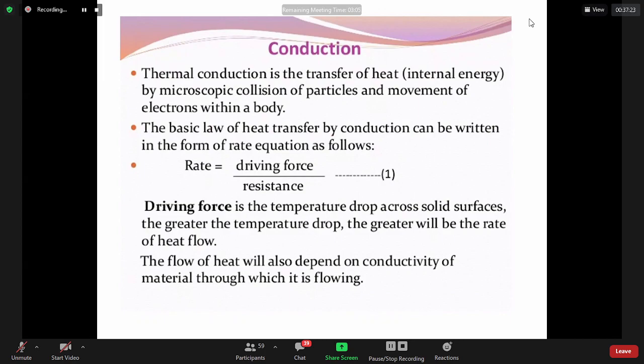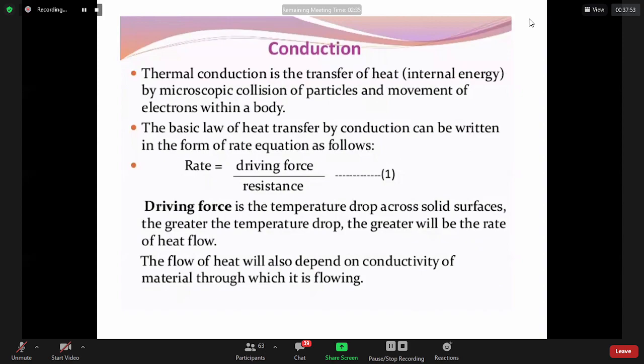So the rate of heat flow, even with the driving force, will also depend on the conductivity of the material. Glass, for example, is a better conductor of heat than wood. Metal is a far better conductor than wood.